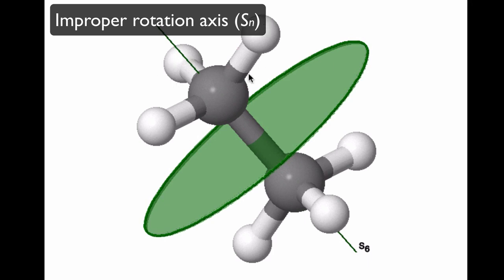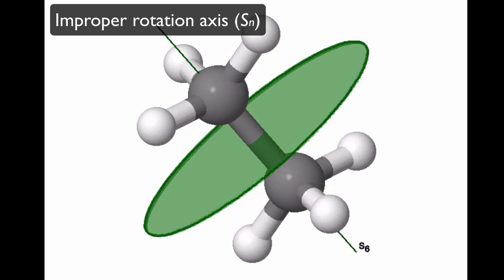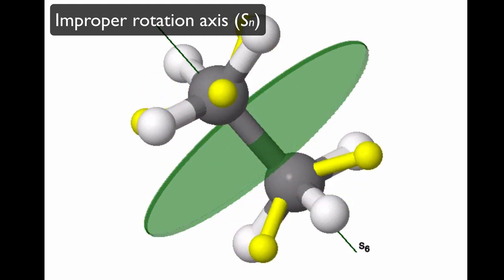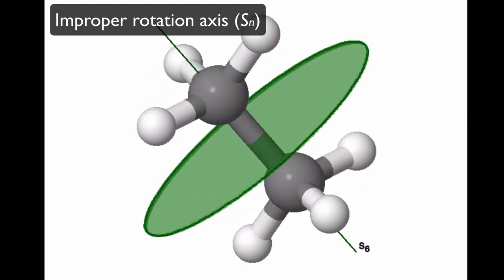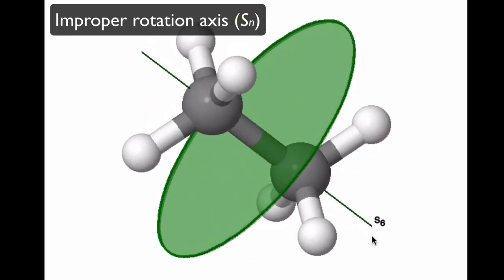So we rotate 360 divided by 6 degrees, and then we reflect through this plane, and that will bring this CH bond to exchange with this CH bond, and this CH bond will go around to the next one. Let's watch that happen. Now we'll rotate and then reflect. We'll see it again. Rotate 60 degrees and then reflect through the plane. Rotate 60 degrees and then reflect through the plane.